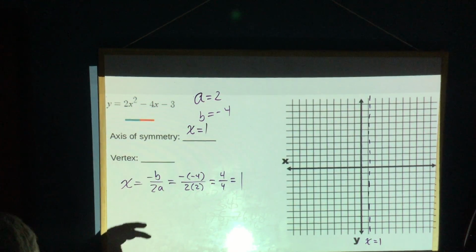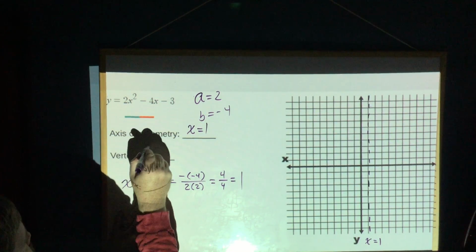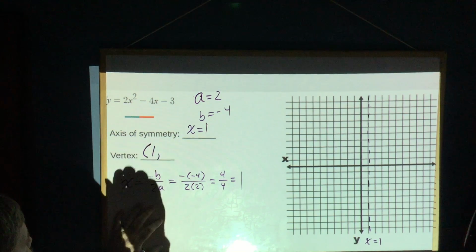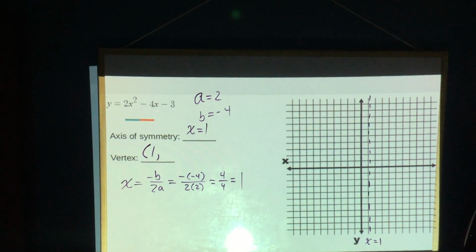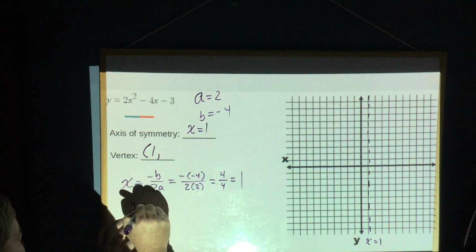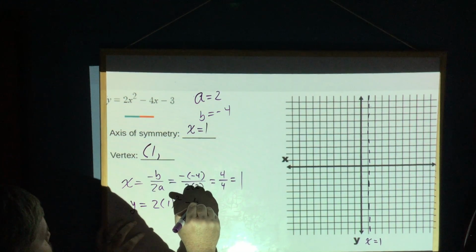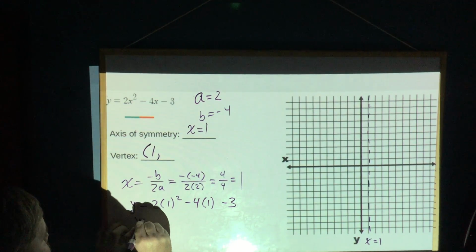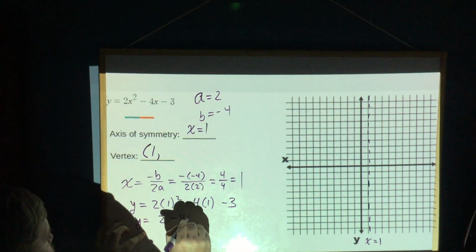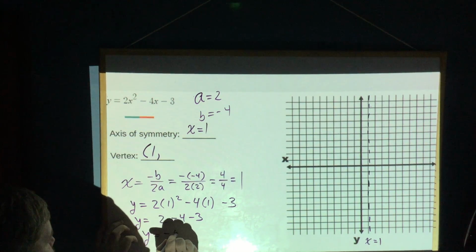And now I'm going to find the vertex. Well, based on what we talked about yesterday, we know that the x-coordinate is 1. Now I have to find the y-coordinate. So we're going to plug 1 back in. Might have enough room to do this. We'll see. 2 times 1 squared minus 4 times 1 minus 3. That's 2 minus 4 minus 3, that's going to be negative 5.